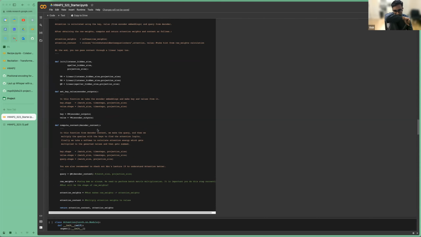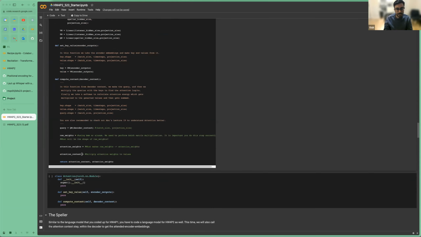The softmax will only be on a single dimension, which will be the last axis. So keep all those things in mind. Remember, pay attention to the shapes and the dimensions while you're computing your attention weights and context. Same here. The context is, again, you're using the attention weights with the values. Remember that. That's the equation.